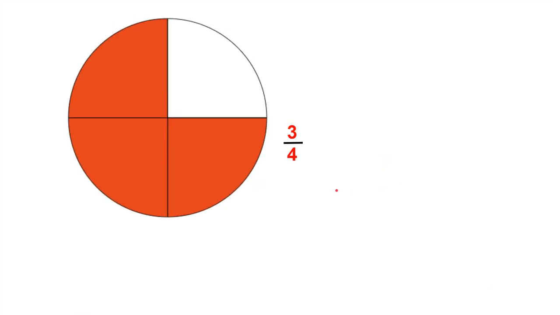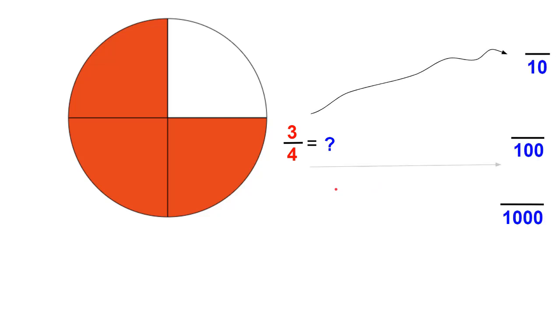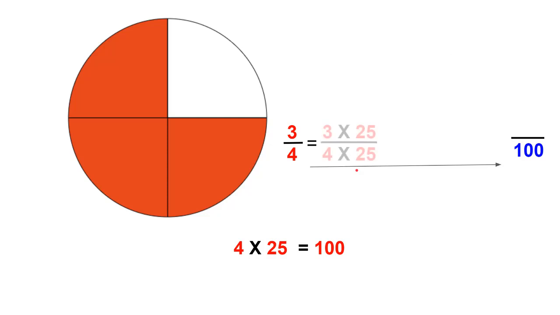What do we do here? 3/4. Which one do we choose now? Obviously 10 cannot be divided evenly by 4, so we take 100, and it's 4 times 25. We write it here, and we multiply the numerator by 25.